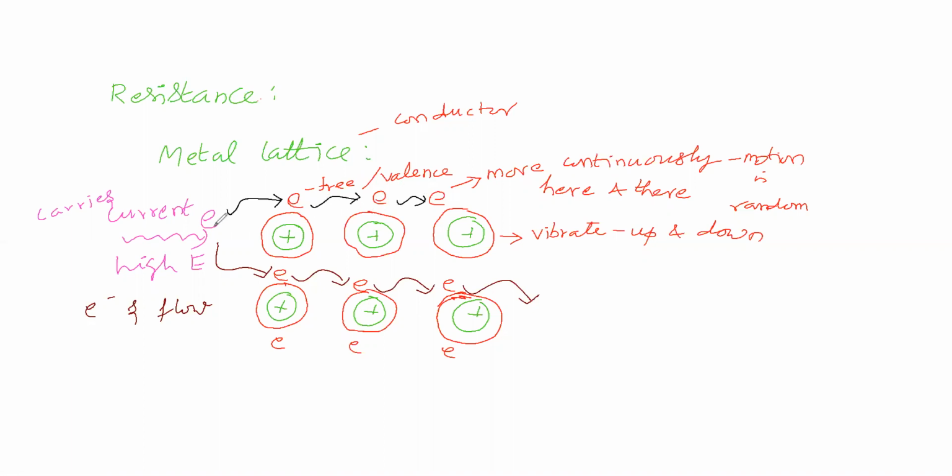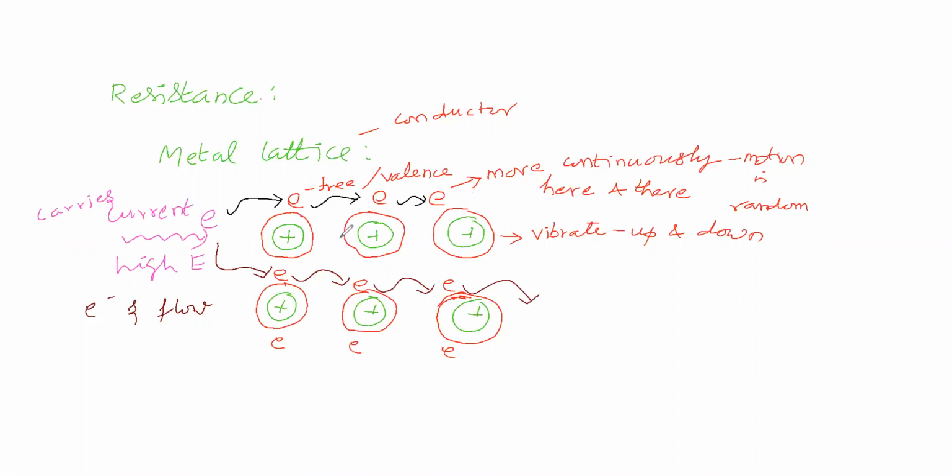Energy transferred from this electron to this and this, and it continues. Like this, energy transfer is called passing of current. Like this we can say, current passes.